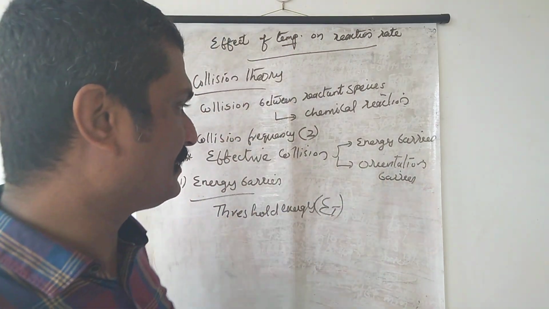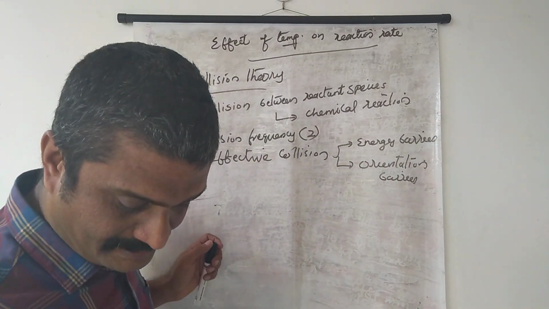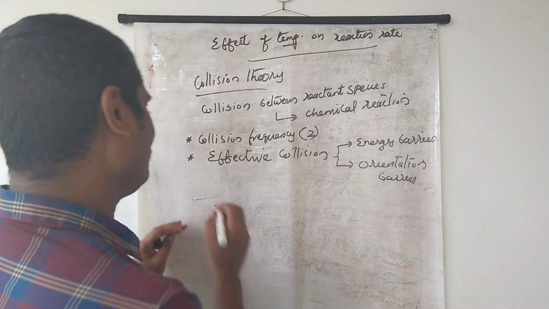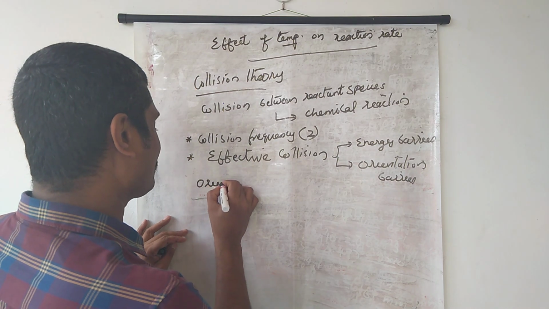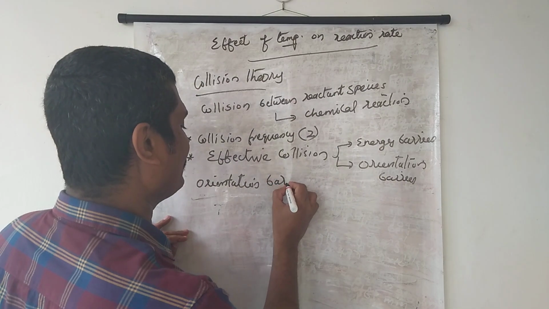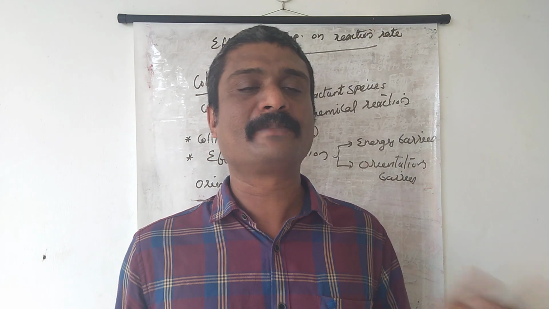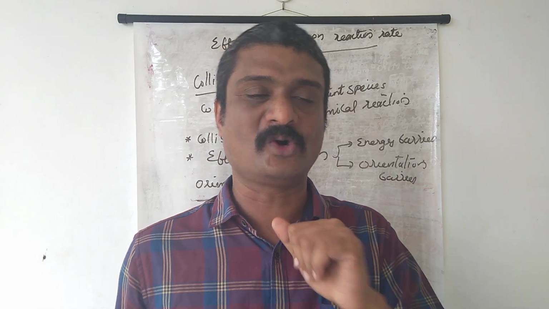The next barrier is the orientation barrier. Let us discuss this barrier. The colliding molecules should also have proper orientation so that the old bonds may break and new bonds are formed.